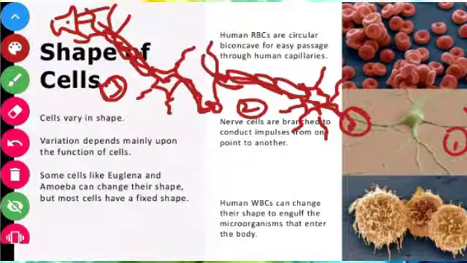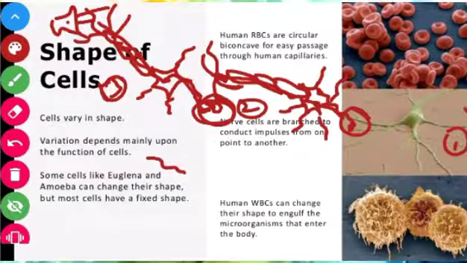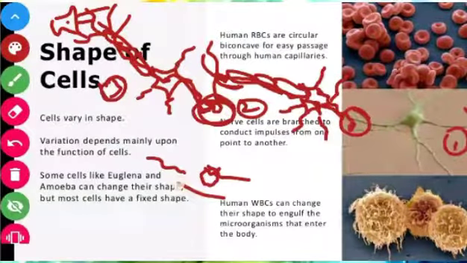So the impulse is nothing but this connection where the information or message passes from one nerve cell to another nerve cell. This is a dendrite, as I told you, and this is the axon, and the information is passing from here to here.